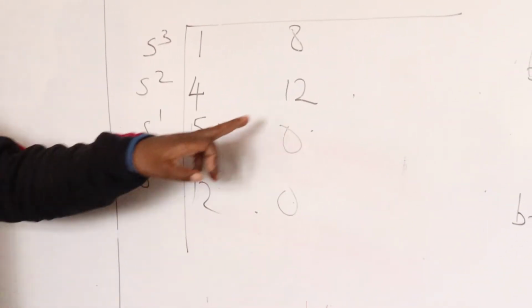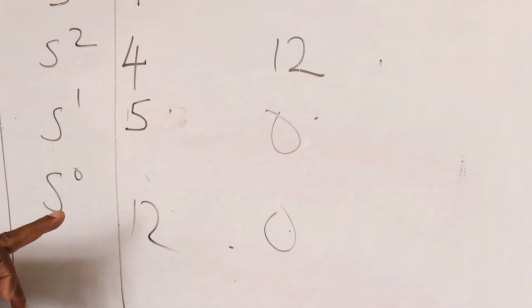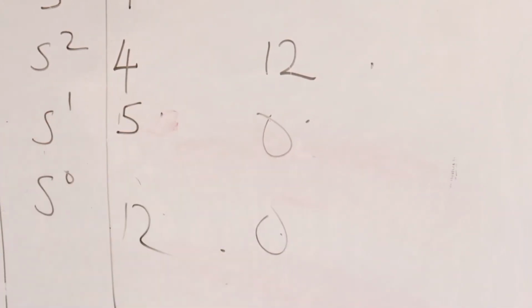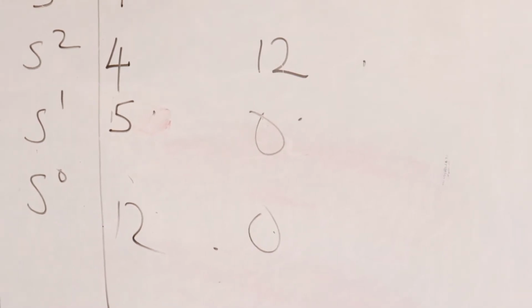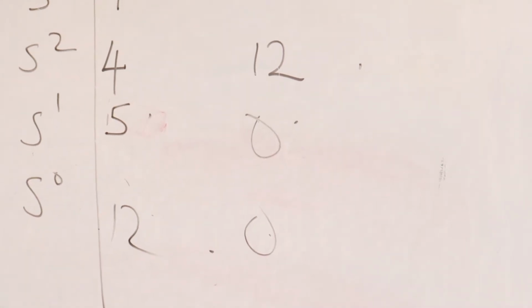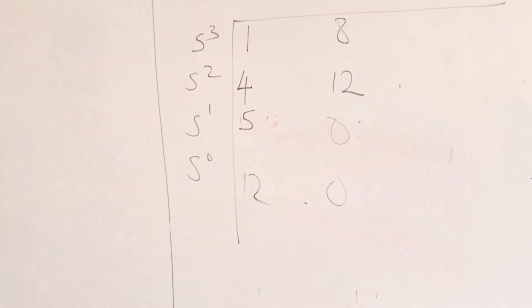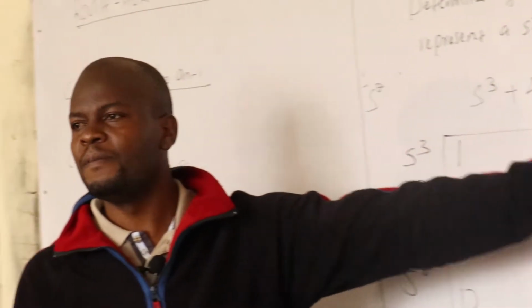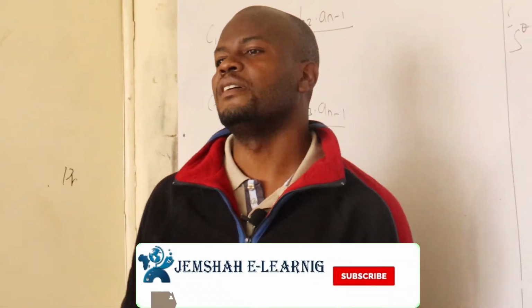It's going to be 12 times 5, which is 60, minus 0 times 4, over 5, which is simply 12. And it happens for all the Routh array. The last coefficient, S0, will always be the constant there.